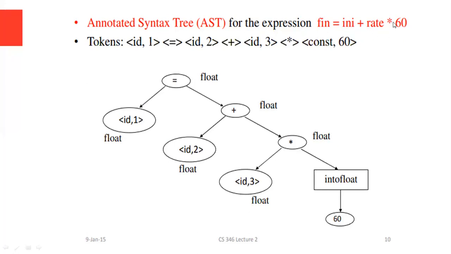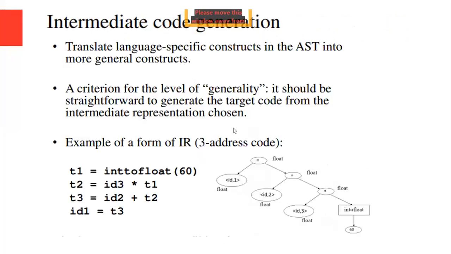So this expression is converted into this type of semantically verified syntax tree. And as a criterion for the level of generality, it should be straightforward to generate the target code from the intermediate representation chosen.